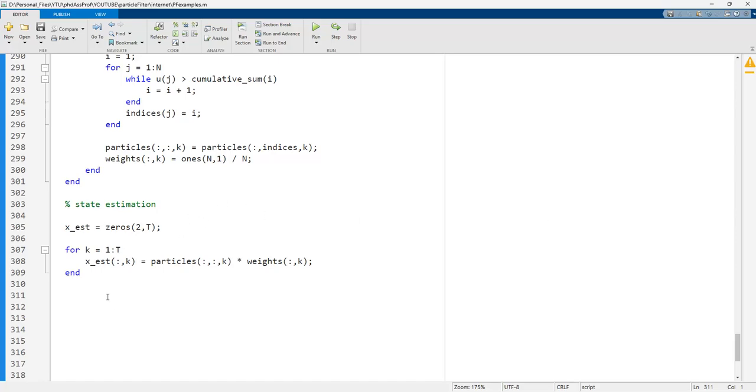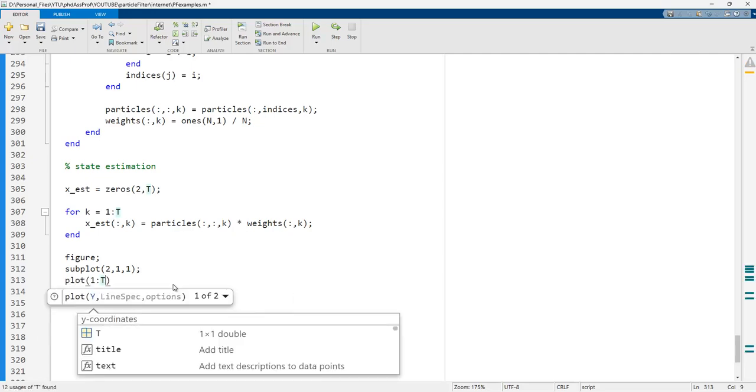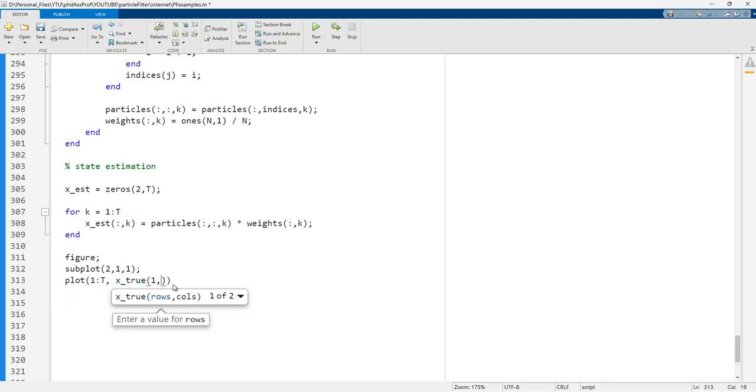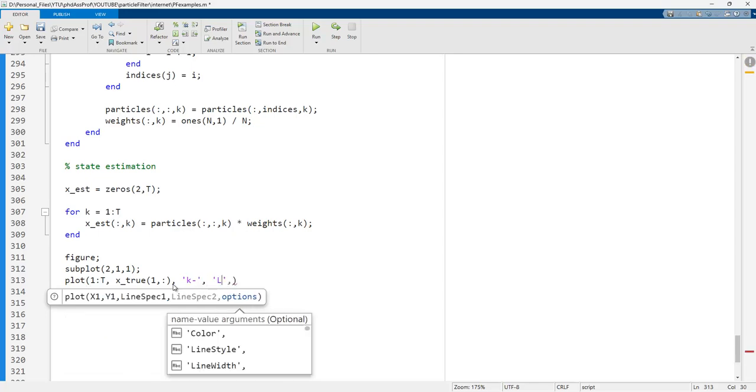First of all, we need to give the figure and the subplot 2 1 1. Okay, and so the plot 1 to t x true, first position value k minus, and line white.